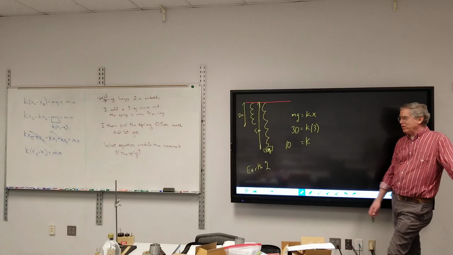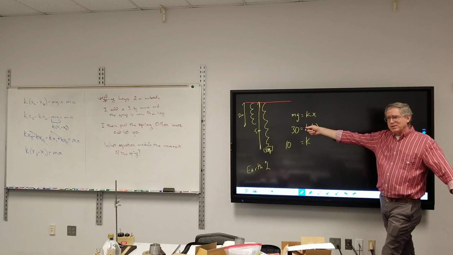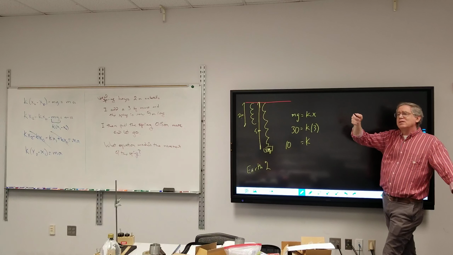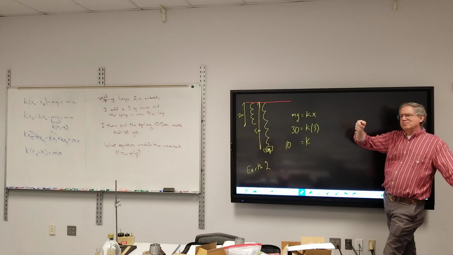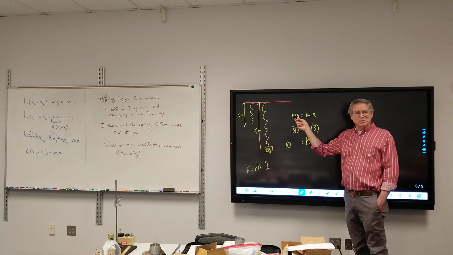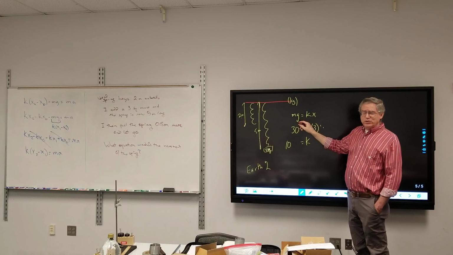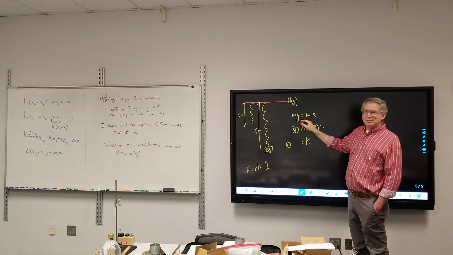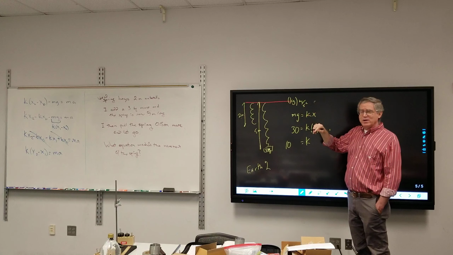What are the units of this 30? What are the units of mass? Kilograms. What are the units of little g? Meters per second squared.